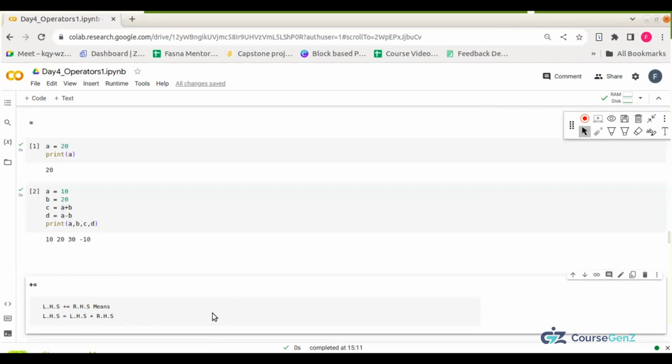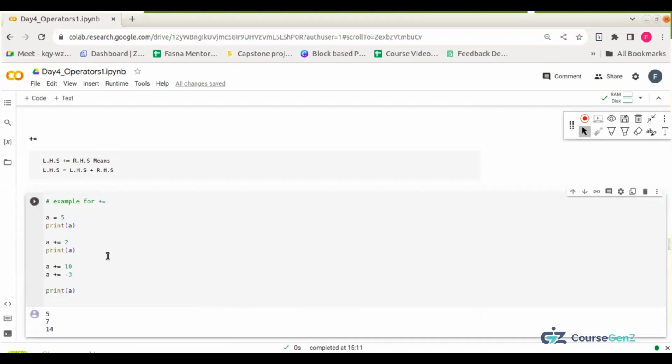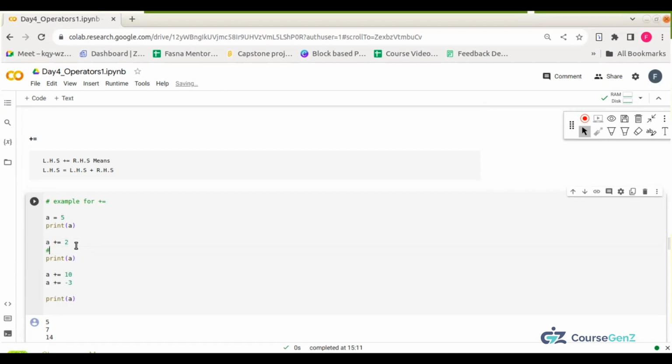Let me explain with an example. Here, a is equal to 5, and a plus equal to 2 means a is equal to a plus 2. So this is the same as a is equal to a plus 2. I think it's clear for you.